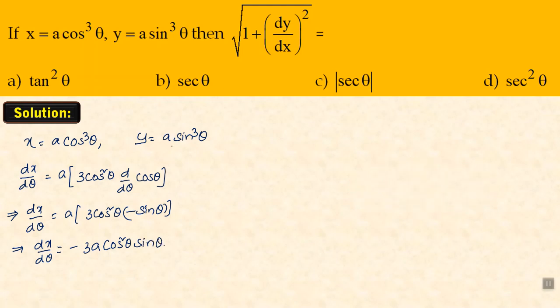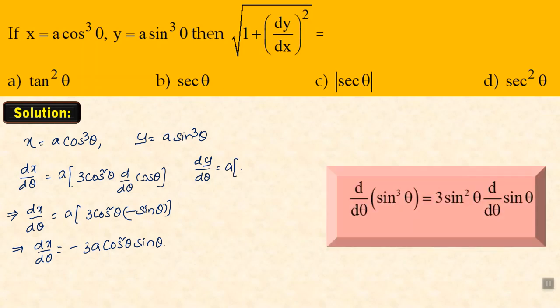Here, differentiating with respect to theta, we get dy by d theta is equal to, here a is constant. Differentiation of sin cubed theta is 3 into sin square theta into d by d theta of sin theta.